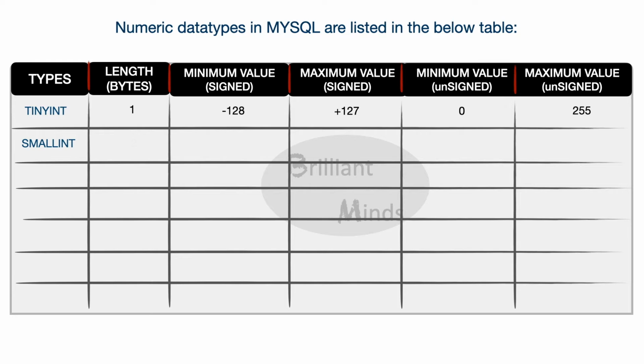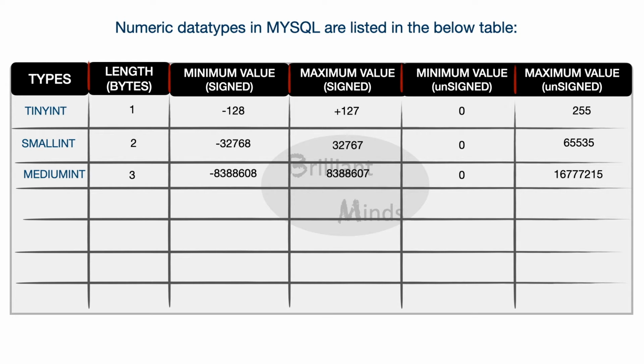And the next one is small int. The length for this is 2. Minimum signed value is minus 32,768 and maximum signed value is plus 32,767. Unsigned value minimum is 0 and unsigned value maximum is 65,535.